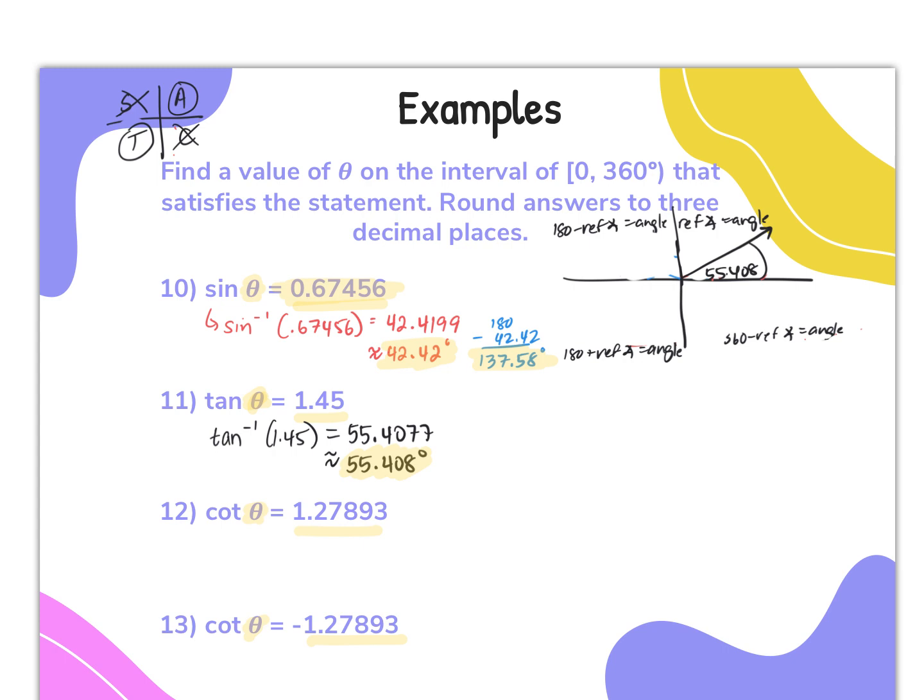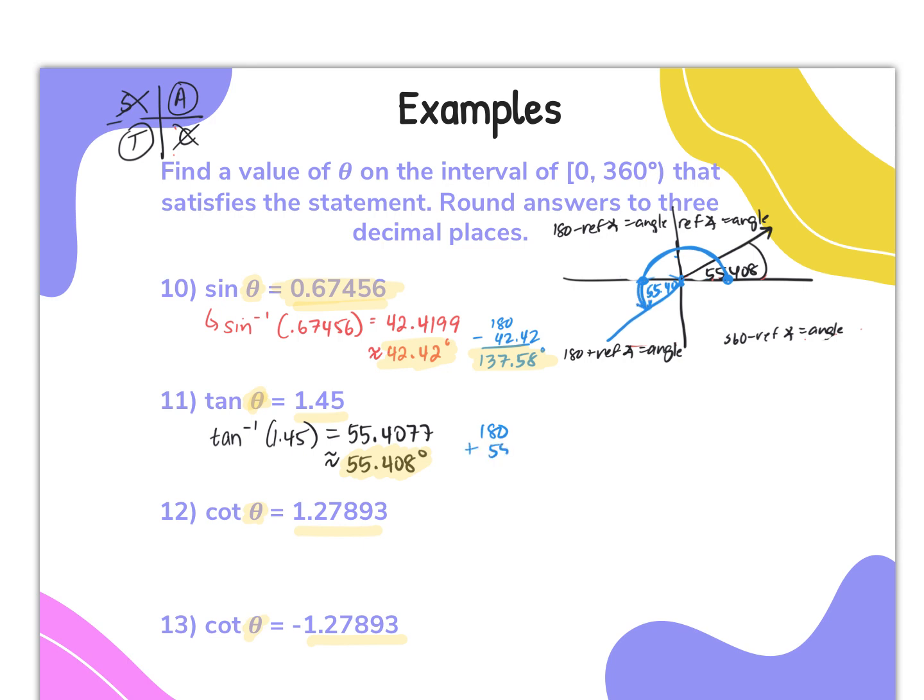So now we have to find an angle that ends in quadrant 3 that has that same reference angle. So again, I've got to come from here and end here in quadrant 3, and this part here has to be 55.408. So in this quadrant, what we do is we start here and go to 180, plus another 55.408.